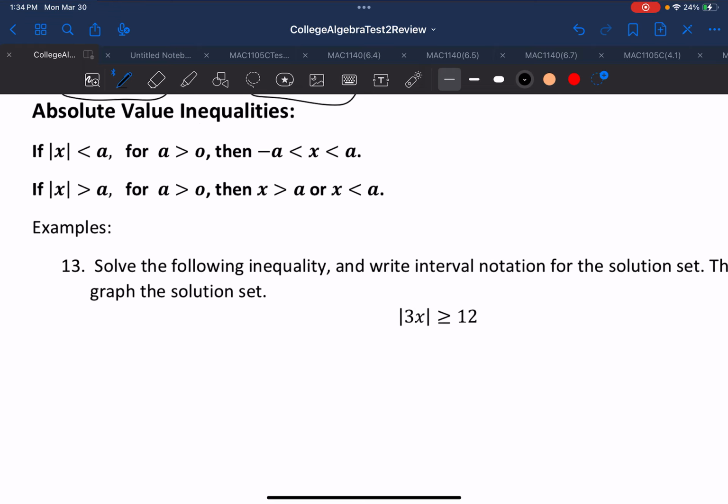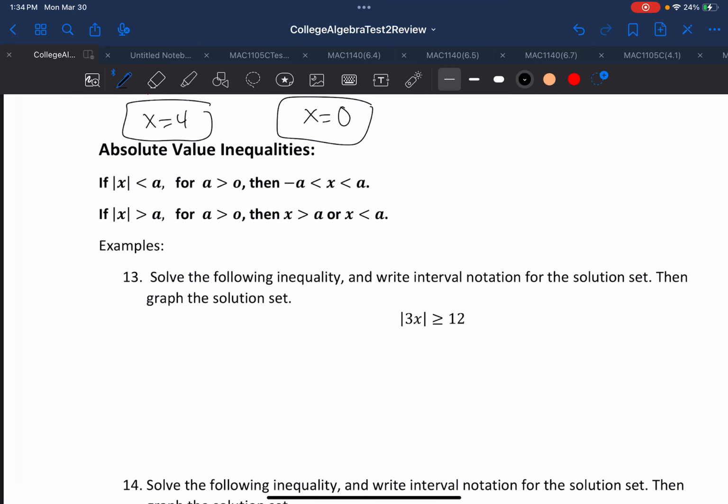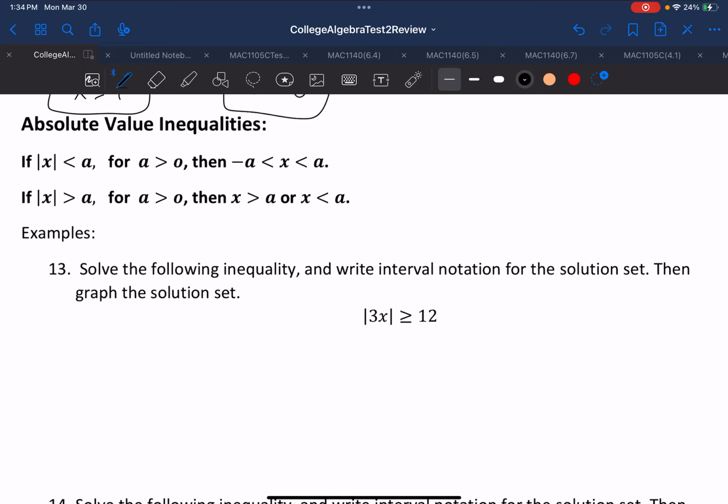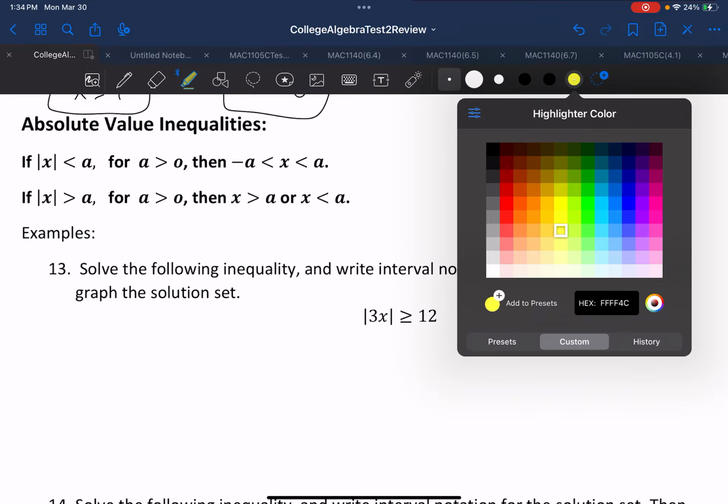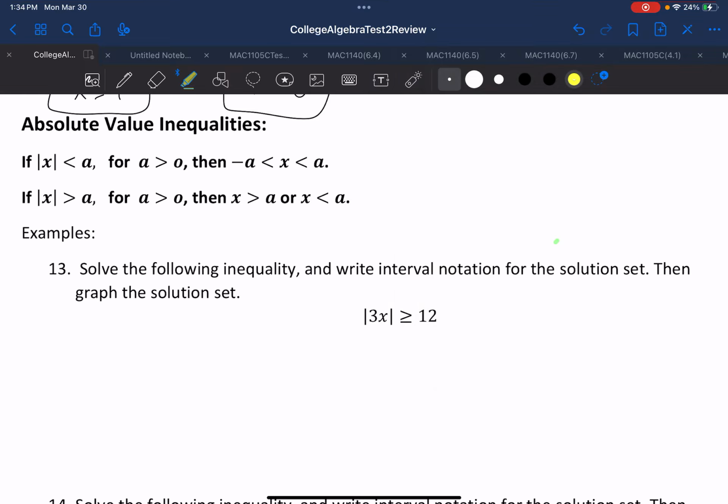Okay, and then we also learned how to solve inequalities that had absolute values in them. And I gave you that whole list of rules for that. I'm going to remind you of them here.